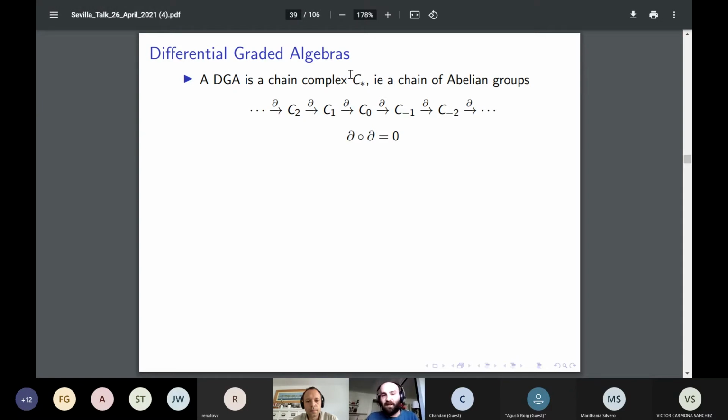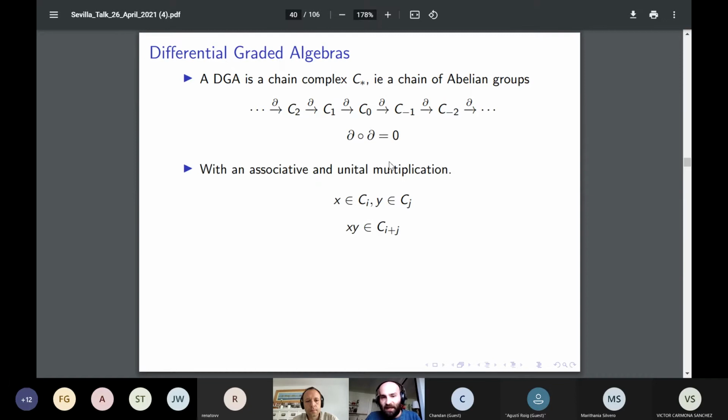A differential graded algebra is basically a chain complex, where a chain complex is just a chain of abelian groups with morphisms between them, where the morphisms have to compose to 0. So this is the information of a chain complex. For it to be a DGA, it has to have a multiplication, associative and unital, that works with the grading in this way, which means that if you have a degree i element and a degree j element, they multiply to a degree i plus j element.